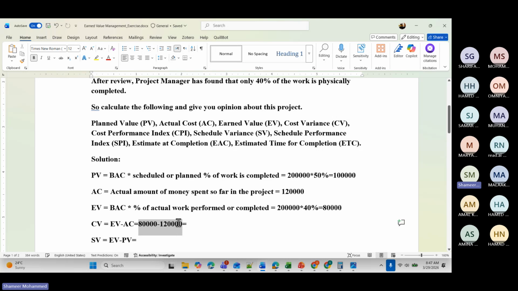What is the answer for this one, students? Minus 40,000. Okay.